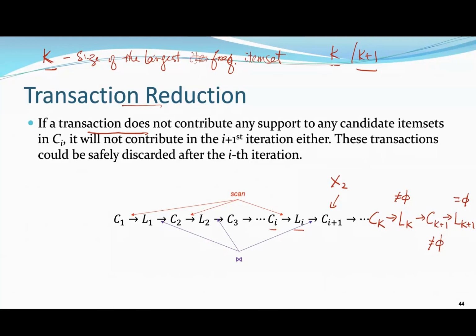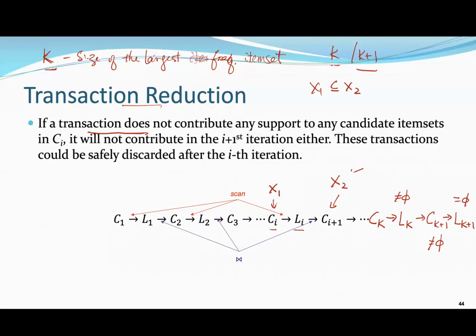That is to say, consider any item set X2 in C_{i+1}, we must be able to find an item set X1 in C_i such that X1 is a subset of X2, right? This is the logic, okay?